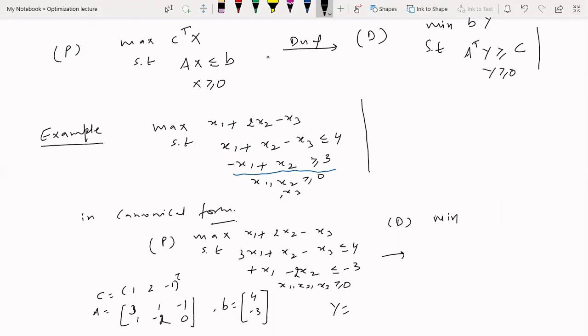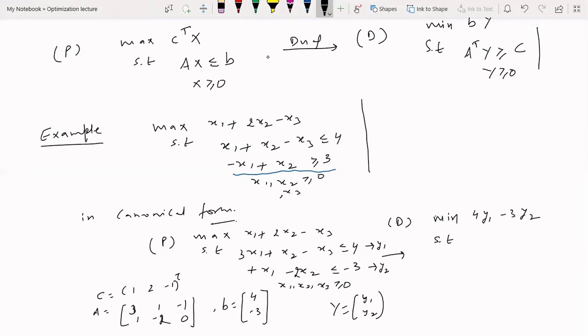Because b has to be multiplied, y has only two components, y1 and y2. Corresponding to the first constraint I have my variable y1, and corresponding to the second constraint I have my variable y2. So what is my objective function? We multiply the transpose of b with the vector y. So I get 4y1 minus 3y2.